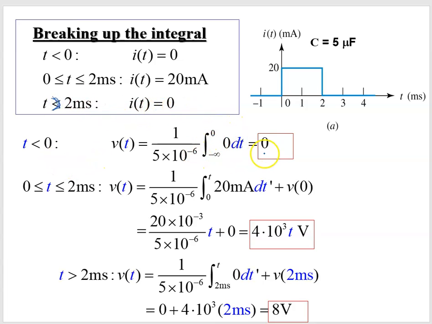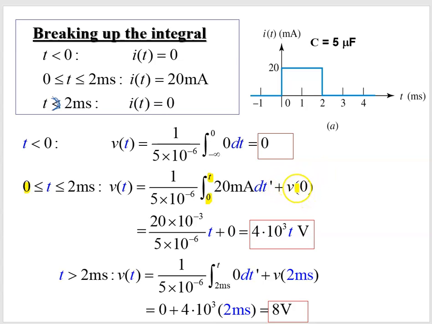So at t less than 0, we just get 0, but from 0 to 2 milliseconds, we're still evaluating our integral from 0, but not to 2 milliseconds. We're evaluating it to t because we want that function in terms of time. We don't just want to end up with what it is at 2 milliseconds. We don't want to accumulate it all.